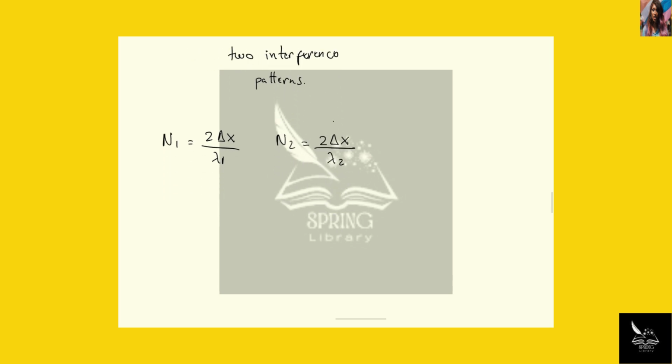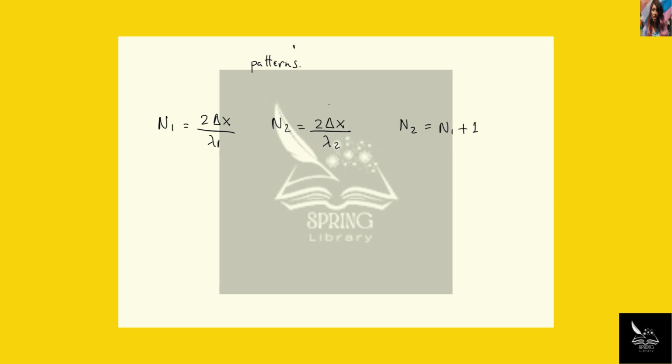And so we know that the condition for this, as I said before, is N2 equal to N1 plus 1. And then we can substitute these definitions in this expression. So we will have 2 times delta x divided by the wavelength 2 is equal to 2 times delta x divided by the wavelength 1, plus 1.